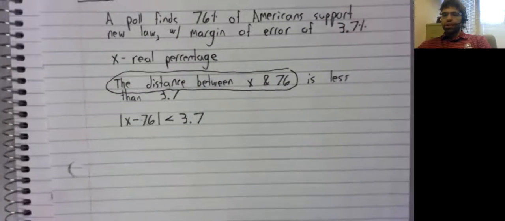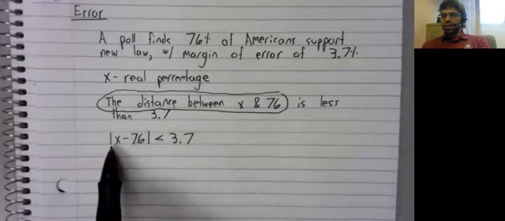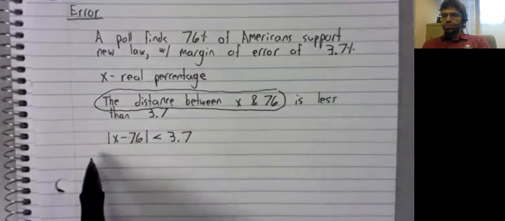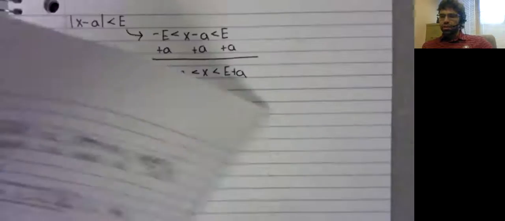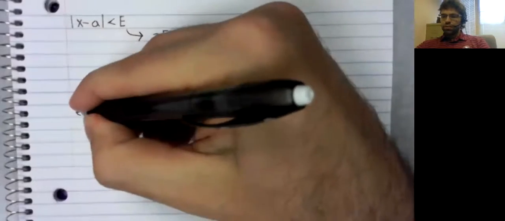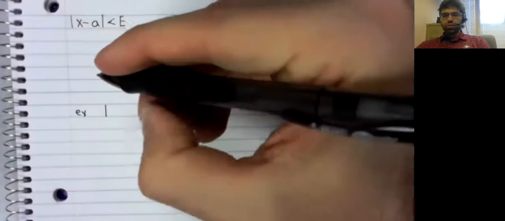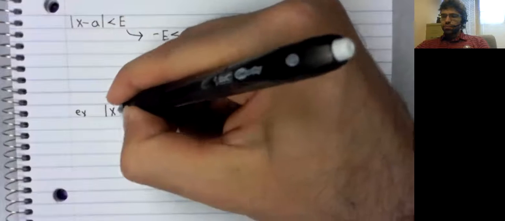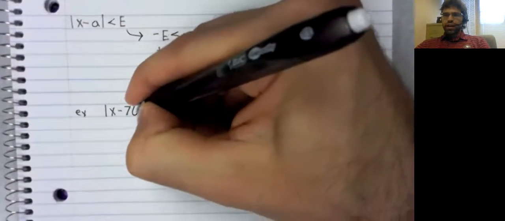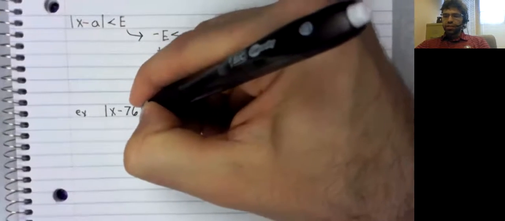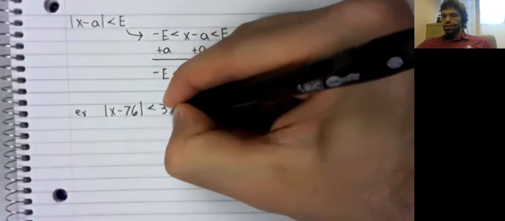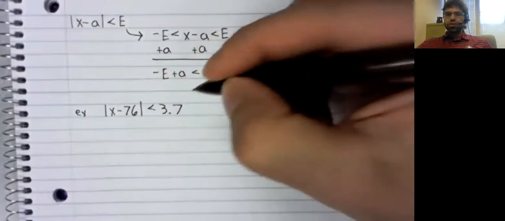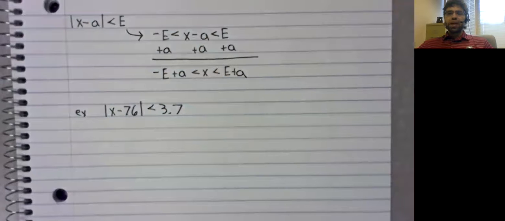So let's finish out this example. Let's solve this inequality: the absolute value of x minus 76 is less than 3.7.